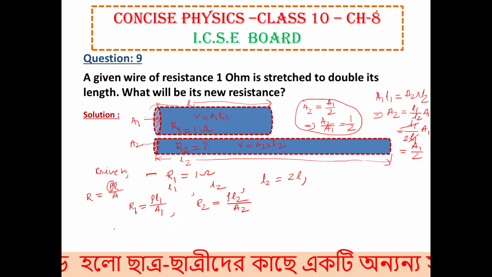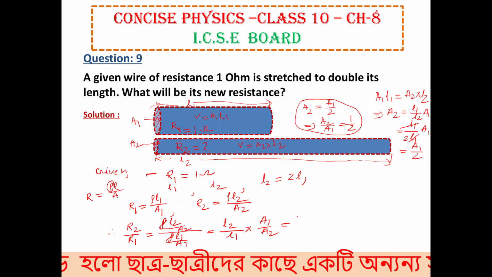If I divide R2 by R1, I can write rho L2 by A2 divided by rho L1 by A1. After cutting, rho will get cancelled because rho is the same for this material. So this is coming L2 by L1 into A1 by A2.